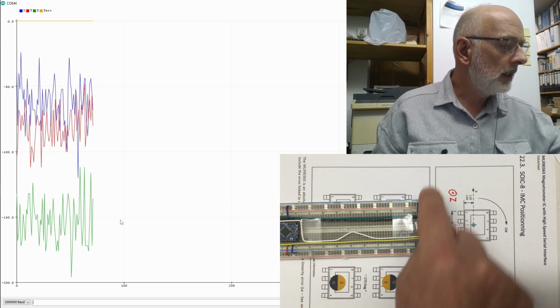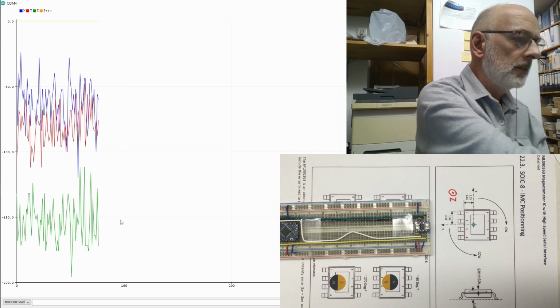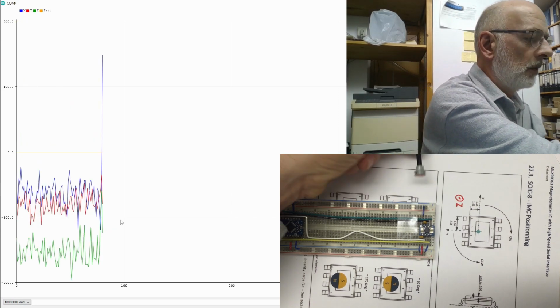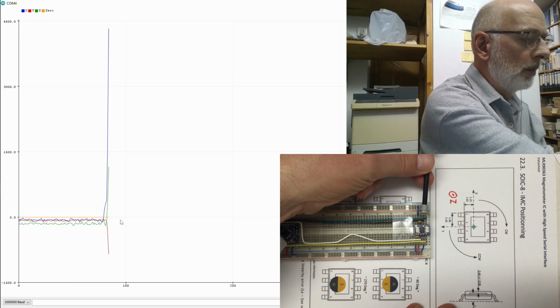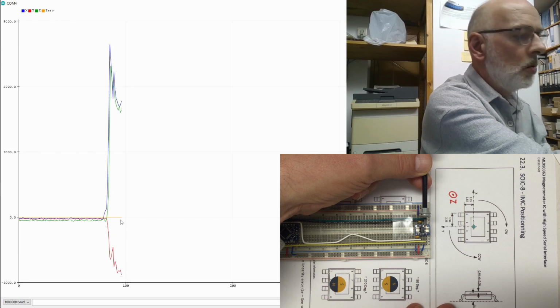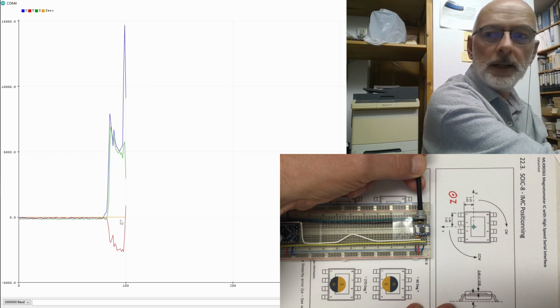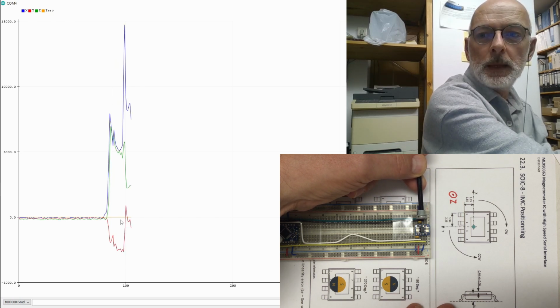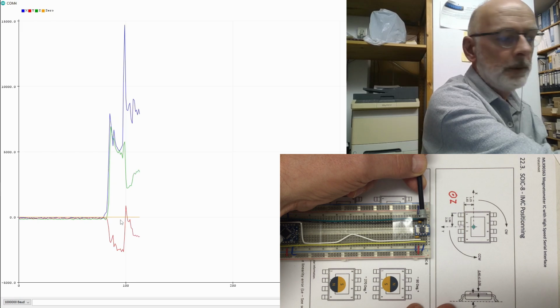Anyway, according to the datasheet, this should be the x-axis, so I approach here with my North Pole, and blue is, let's center that up. Yeah, positive spike on blue.